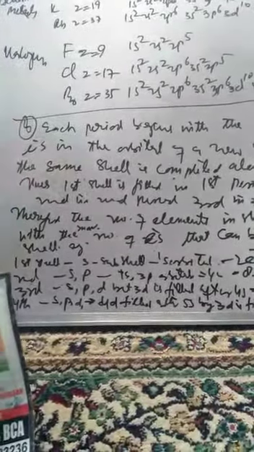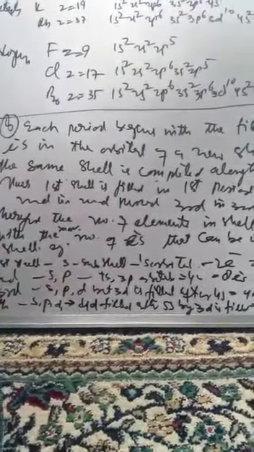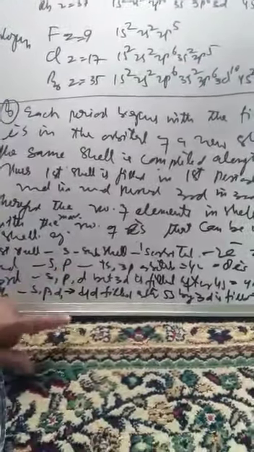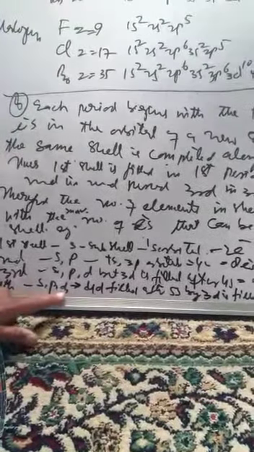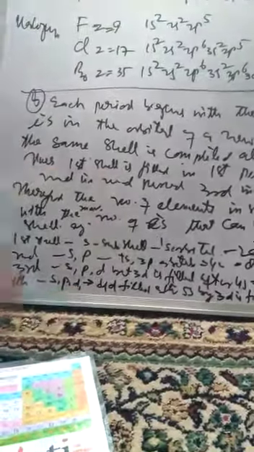But 3d is still vacant, and it is filled after 4s. So here we have three subshells: 4s, 4p and 3d, and in all we have 9 orbitals. 9 orbitals can accommodate 18 electrons, so here we have 18 elements. It starts from potassium, then calcium, then the transition elements, then gallium and so on up to germanium, arsenic, selenium, bromine, krypton. So we have 18.